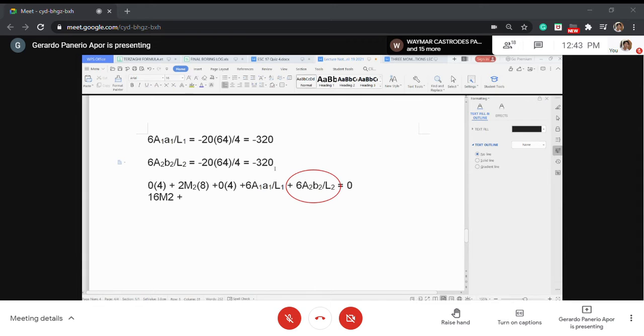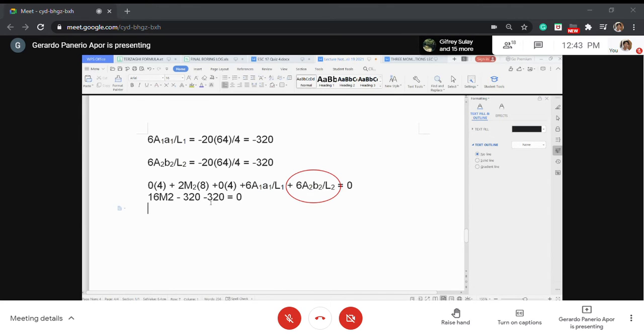I think the unit here is kilonewton meter, but anyway, we are consistent with the unit with the other. So the sum of that should become minus 320 and then minus 320 again.